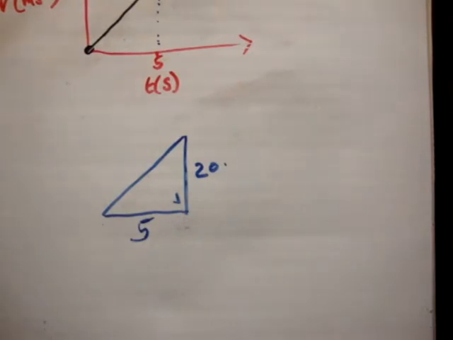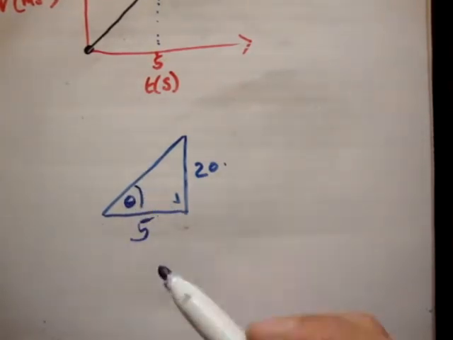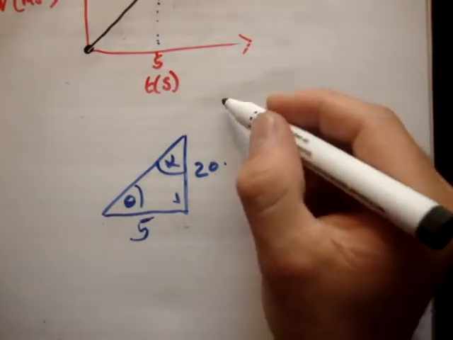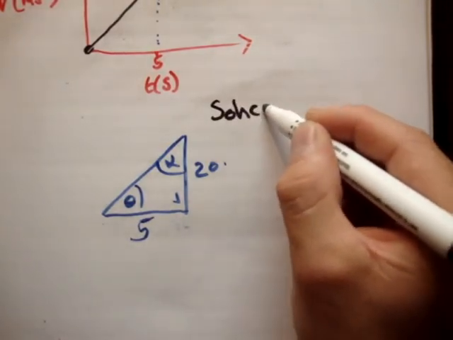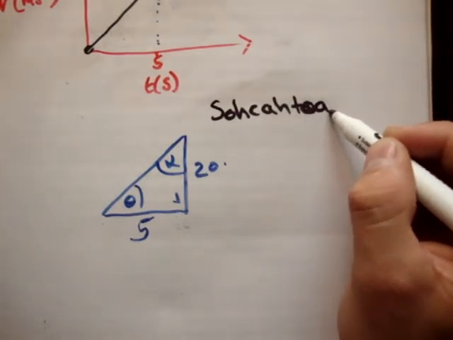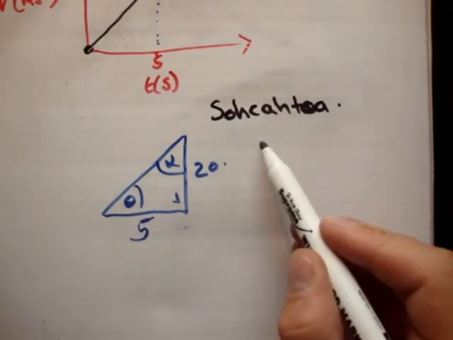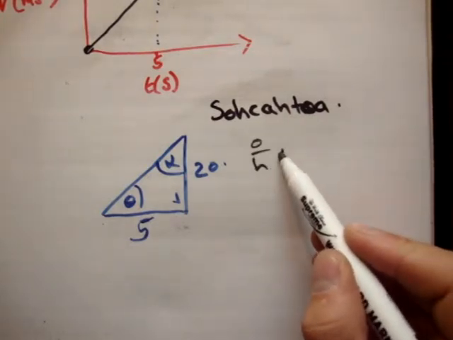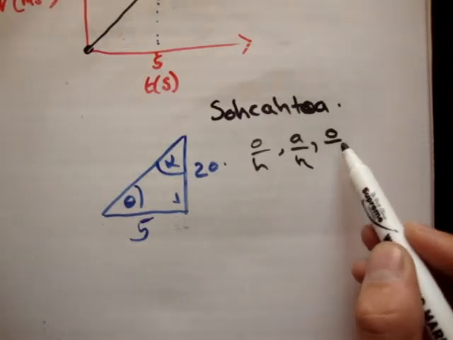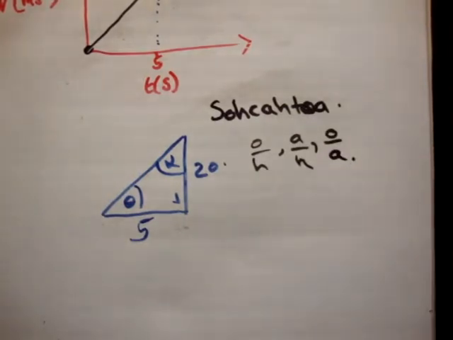If you were to graph it, of course. We're going to call that angle theta and that angle alpha. Now, I think it's fair to say that we know a bit of trigonometry, especially having done a chapter on vectors, and we know that sine is opposite over hypotenuse, cosine is adjacent over hypotenuse, and tangent is opposite over adjacent. So what if we got tan theta?